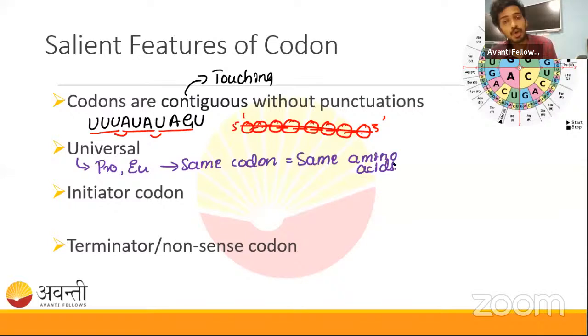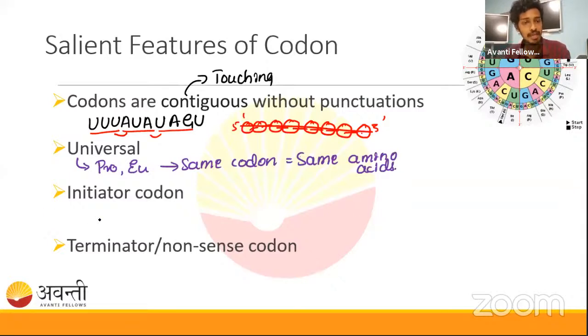There are one or two exceptions, but there is no need to take care of them. At your 11th and 12th level, we can directly say that it is universal. The same codon codes for the same amino acid, in prokaryote, eukaryote, bacteria, fungi, animal, anywhere. Everything is the same.